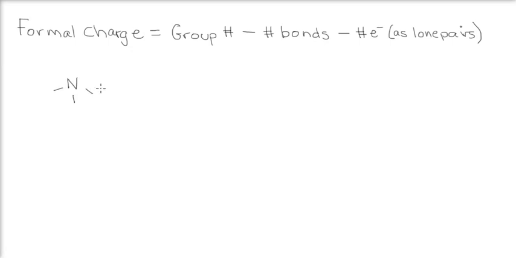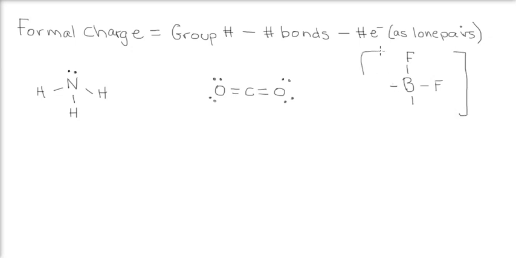The first example is going to be our very basic ammonia molecule, very simple. Then we can do carbon dioxide. And lastly, we can do an ion such as boron tetrafluoride, BF4-, which has this Lewis structure.